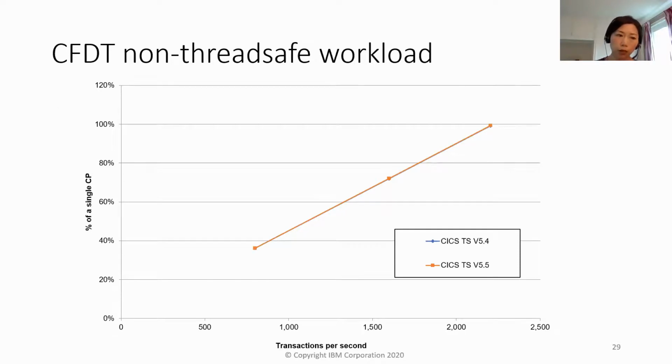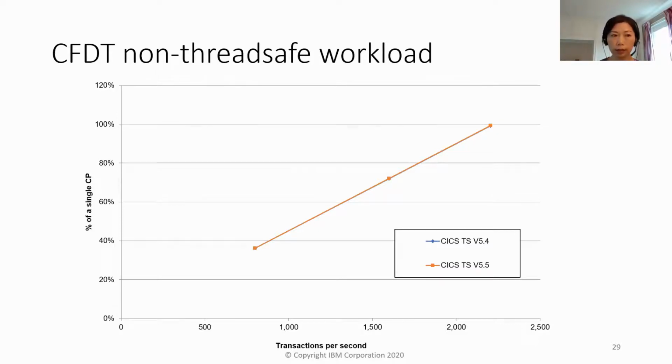So the first thing we did was to make sure the change we made for thread-safe CFDT will not degrade any of your existing CFDT, which is non-thread-safe workload. So the application we run on, we run this scenario and also the next one, which is a thread-safe workload scenario.